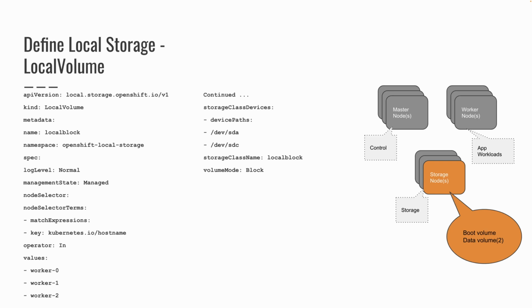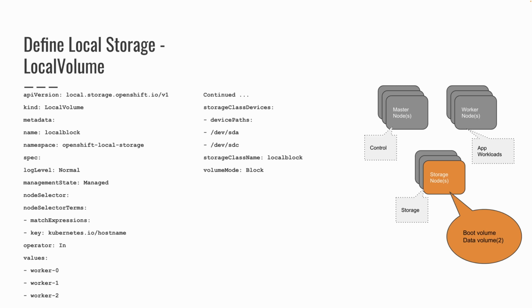So /dev/sda and /dev/sdc are the two storage data volumes attached to each worker node. If I log into, say, worker 0 and then run the lsblk -f command or lsblk command, I should be able to see /dev/sda and /dev/sdc as two empty block storage devices attached to them.